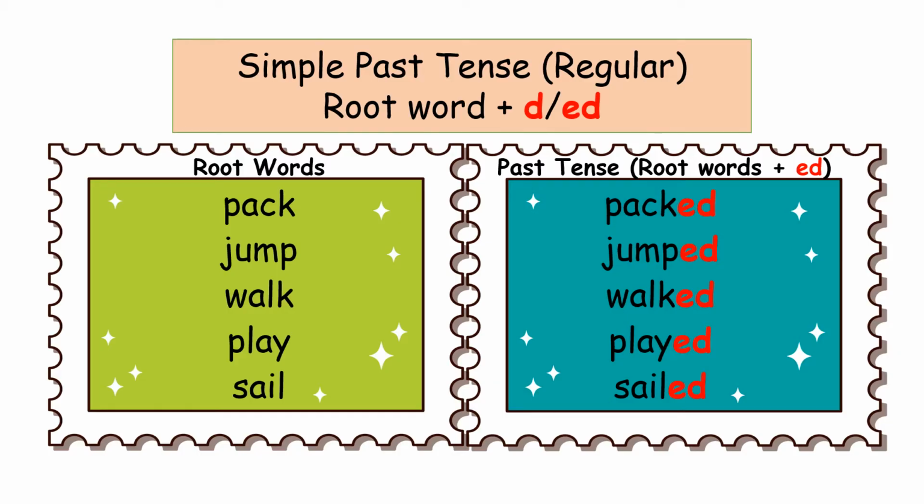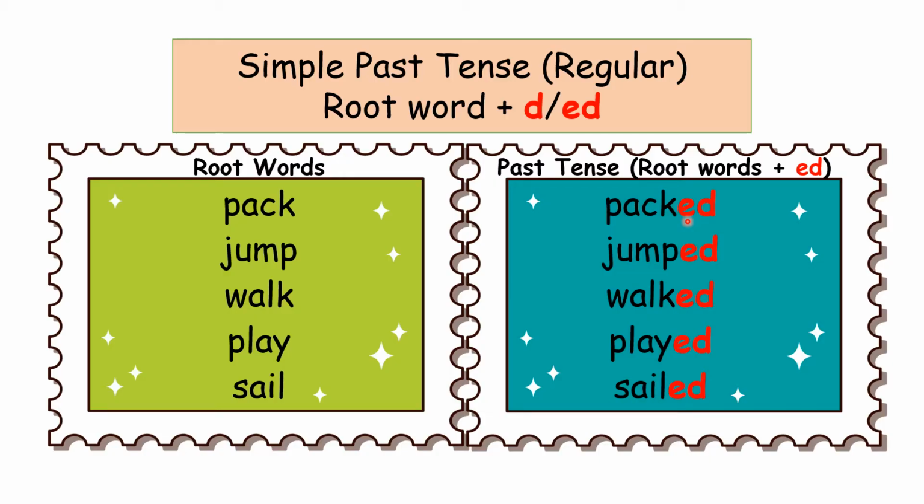All right, now look at this given slide here. These were the list of words that were given to you yesterday on the simple past tense in regular form. For regular form, all you need to do is to add the letter D or ED at the end of each root word.